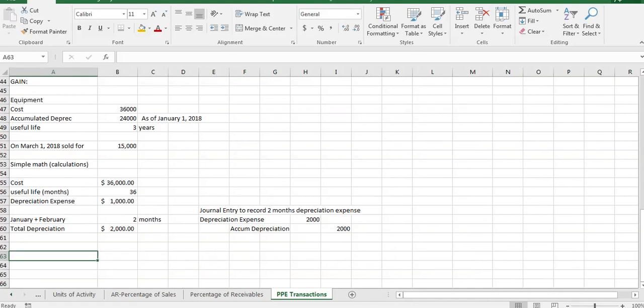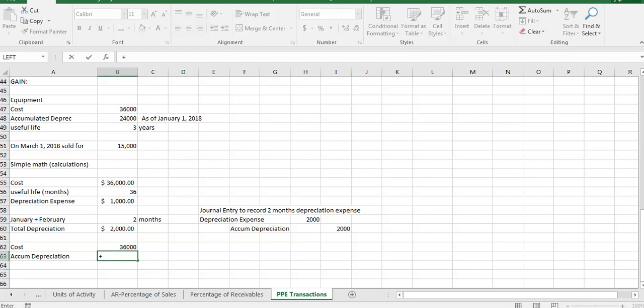So now let's solve this example. Again, we have the cost of 36,000. Now we have accumulated depreciation that we have already updated. So we have the 24,000 that we had originally, and we will add the 2,000 that we already calculated.